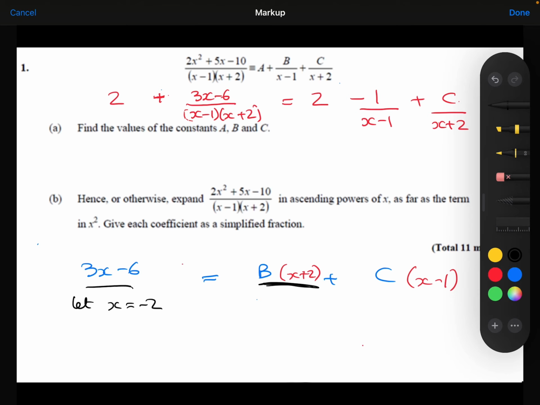Substituting minus 2 in, I get 3 times minus 2, which is minus 6, take away 6 is minus 12. Substituting minus 2 in here makes that term 0, and I get c times (minus 2 minus 1), which is minus 3. Now I can see that c will have to be 4. So I can put that here, and that's my answer for part A.